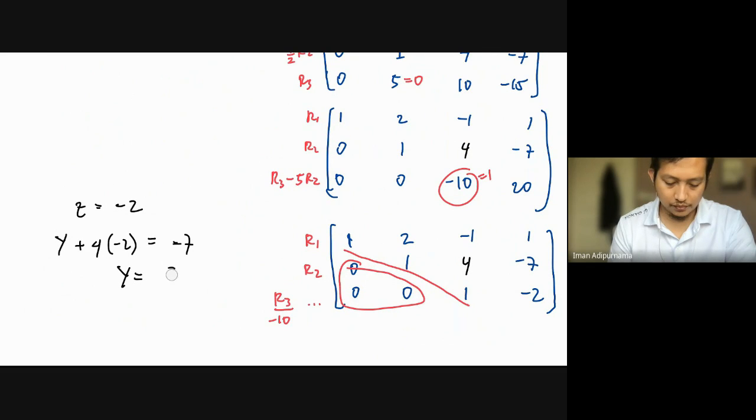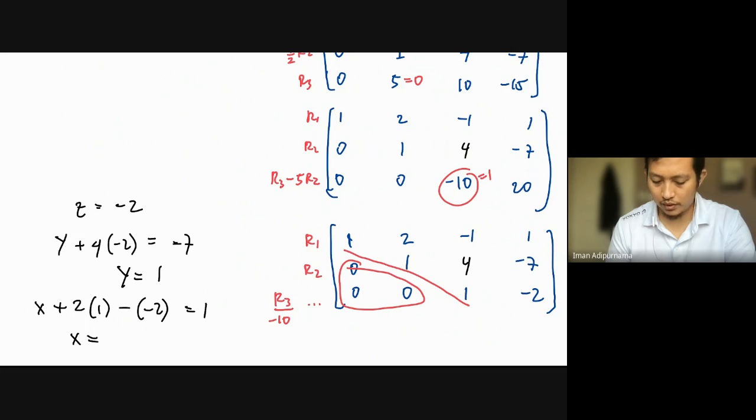So 4, 1. Okay. And x plus 2, 1 minus 2 is 1. So x is, so 2 plus 2, 4, going to the right side becomes negative 3. So if you solve, you can write negative 3, 1, and negative 2.